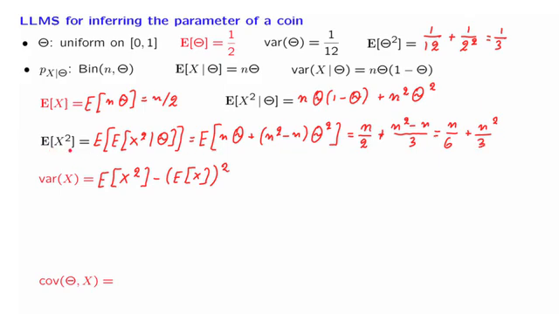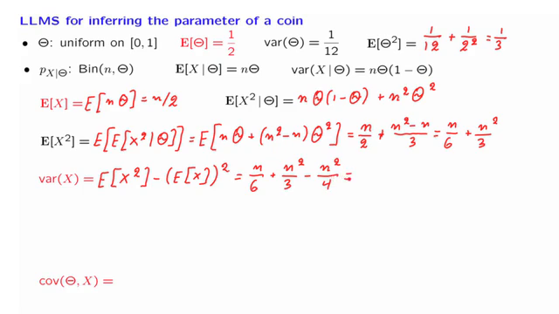Now that we found the expected value of x squared, we can go back to this calculation. We have n over 6 plus n squared over 3 minus the square of the expected value of x, which is this expression here. So we obtain minus n squared over 4. 1/3 minus 1/4, that makes 1/12.